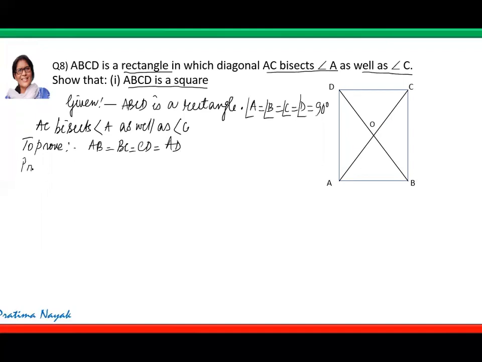Proof. So I'll start from AC bisect. For the time being, I'm not writing BD. Just forget there is no BD here. AC bisects this. So what is angle A? Angle A is 90 degrees. So when it is bisecting, that means DAC angle is equal to 45 degrees.